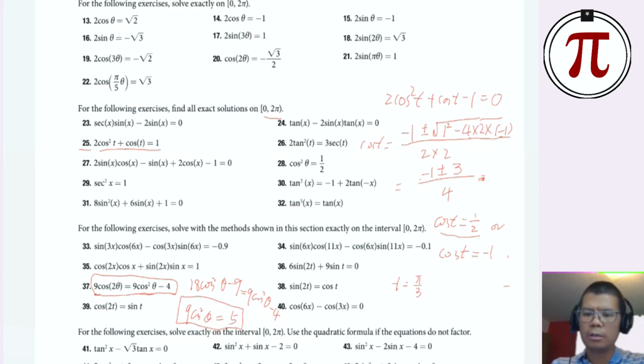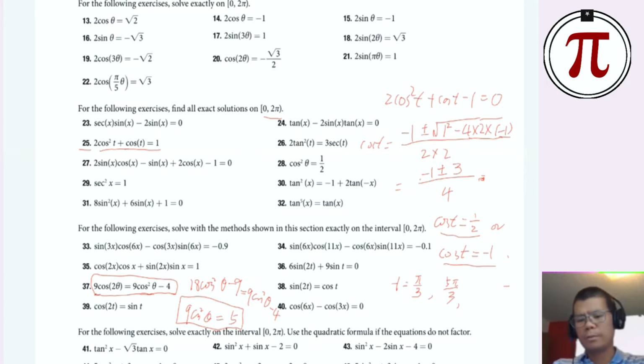It's pi over 3 for cosine. For sine 1/2, t equals pi over 6, but for cosine it is pi over 3. And another one is 5 pi over 3, right?